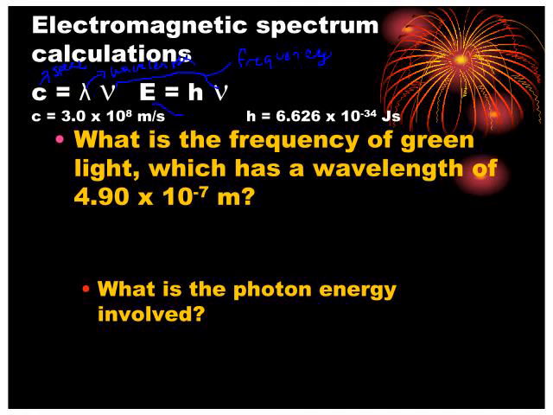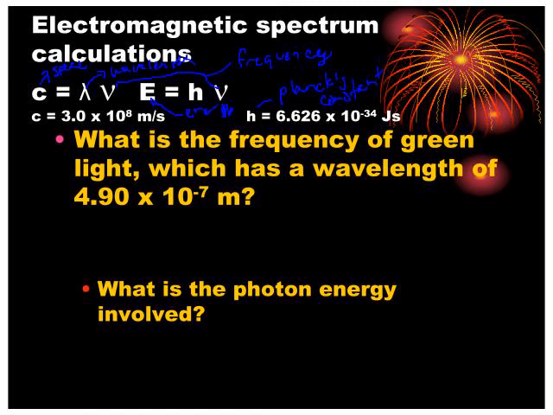E stands for energy. And then the H is Planck's constant. The constants you will always be provided along with formulas. We're more concerned that you know how to use the formulas and manipulate them than we are that you remember what the formula itself is.